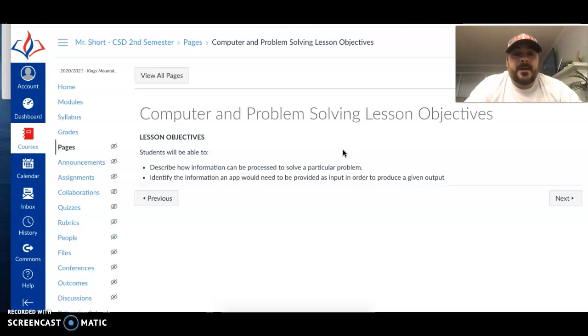If you guys have any questions or need any help with anything, feel free to shoot me an email or send me a message in Canvas, and I will certainly be glad to help you. Grades are being transferred from Canvas to PowerSchool. That took place this weekend, so you can look on PowerSchool and see your updated grade for the 9 weeks.